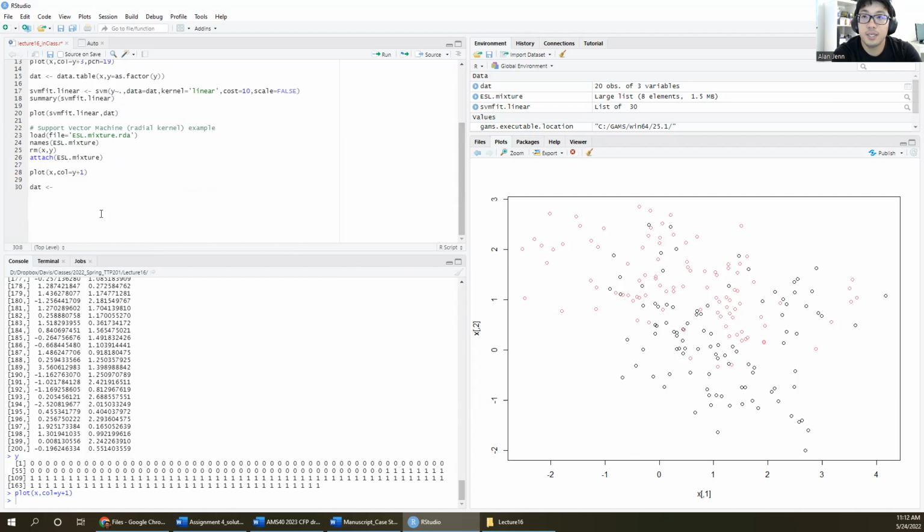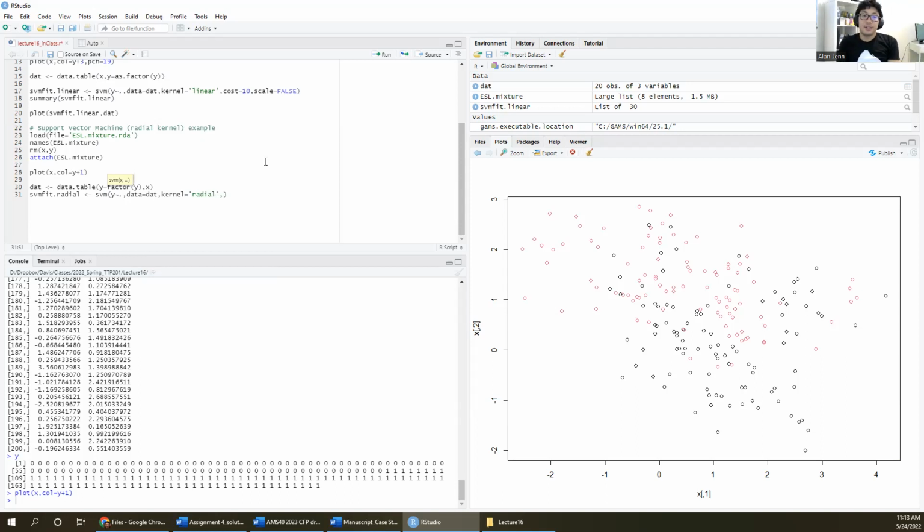So we'll do the same thing for a data frame, actually data table, not data frame. This time we're going to create an SVM with a radial kernel. Same as before, except this time our kernel will be radial.